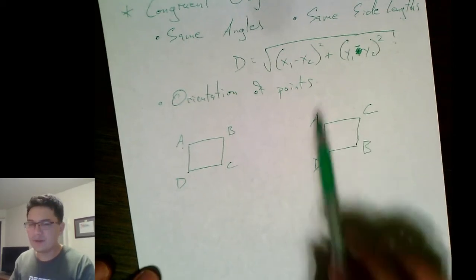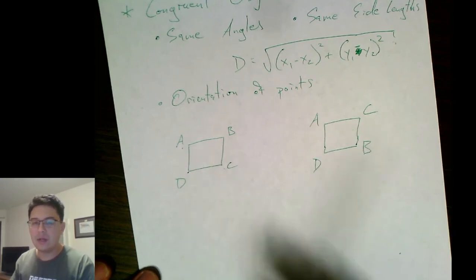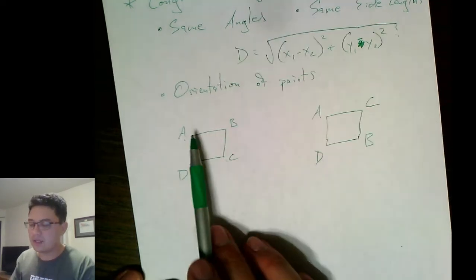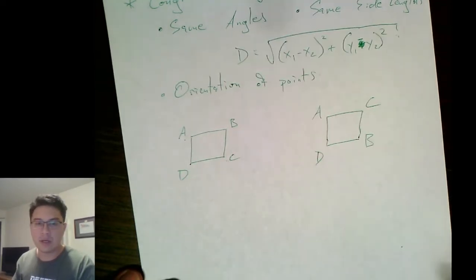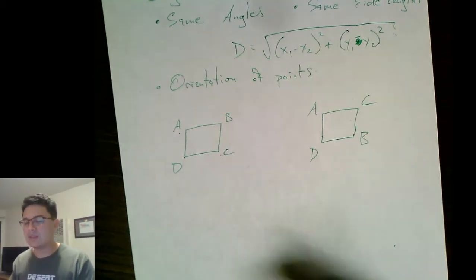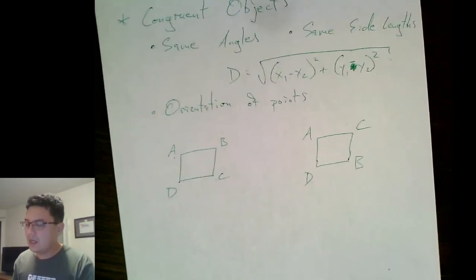So if you have a weird distribution of the letters on here that doesn't really match up with the layout of the points on your original object, that should signal some red flags in your head. It's like, this isn't going to work. So in this case, A is diagonal to C, A is no longer diagonal to C. There really isn't a transformation that makes that happen. So this would be an example of non-congruent objects.